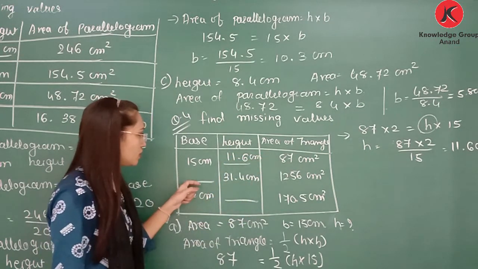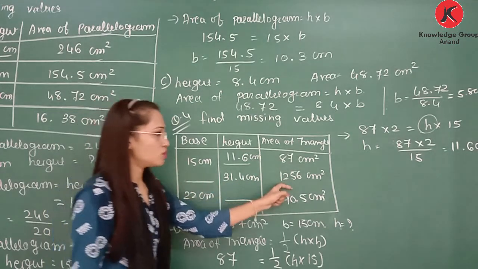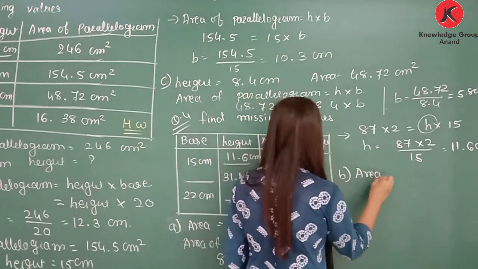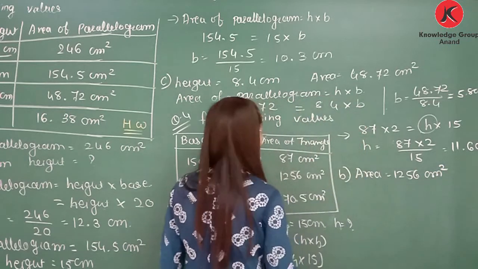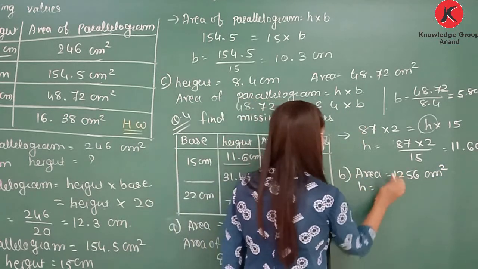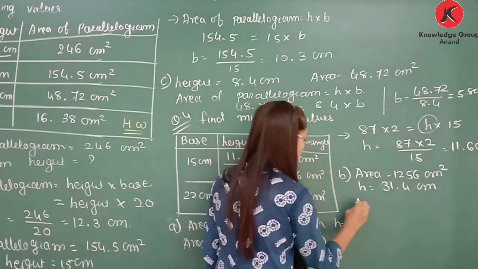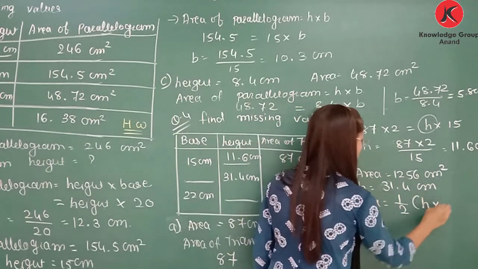Now for the next one, base is not given, height is given and area is given. Area is 1256 centimeters square and height is given 31.4 centimeters. Again we write the equation area is equal to 1 by 2 height into base.